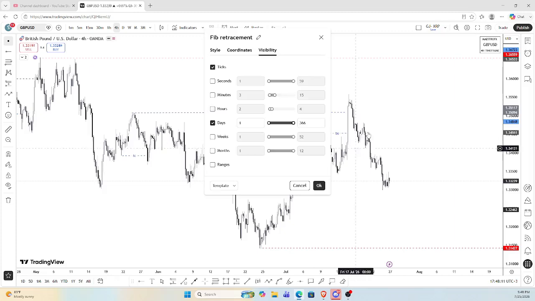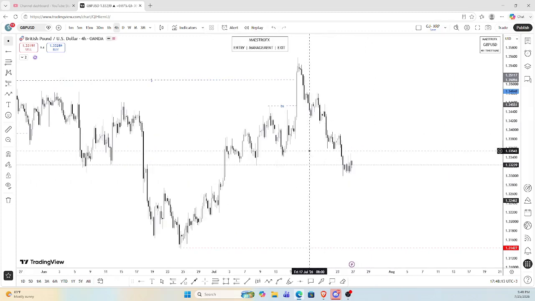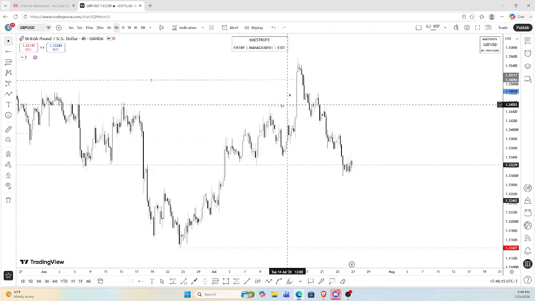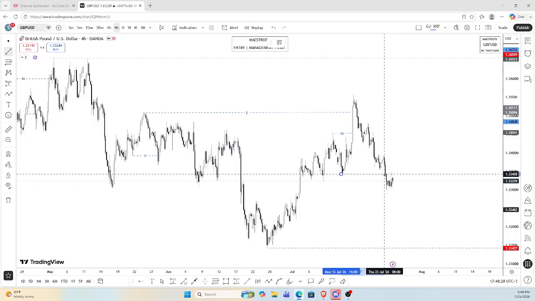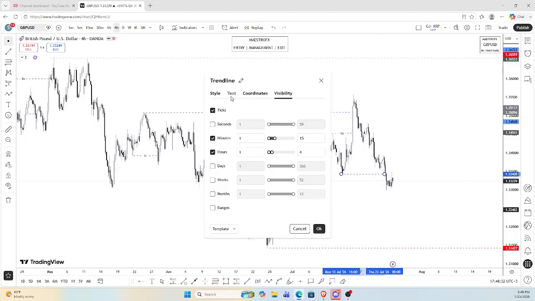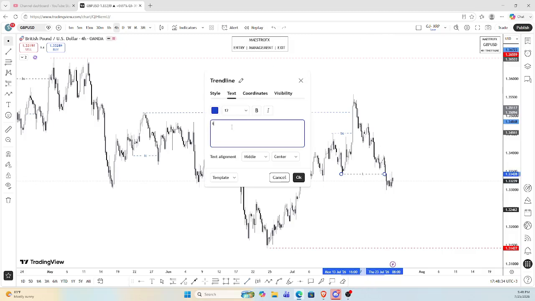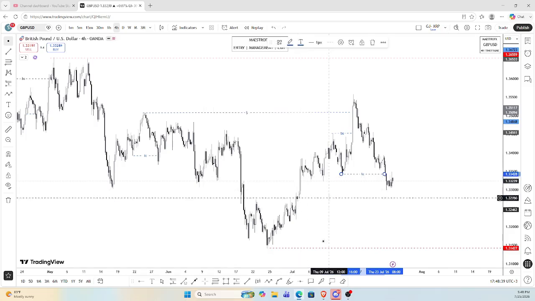Because clearly you can see that this is the last break of structure to the upside, and after reaching those highs, price could not hold this low any longer, and that's why we had this break of structure to the downside. And yes, let's label it as trend change.